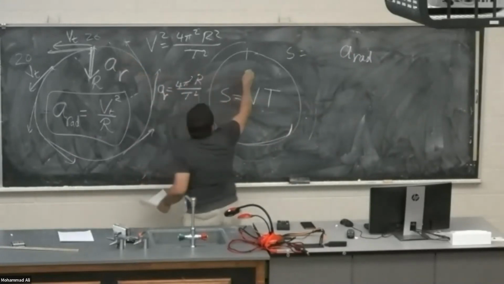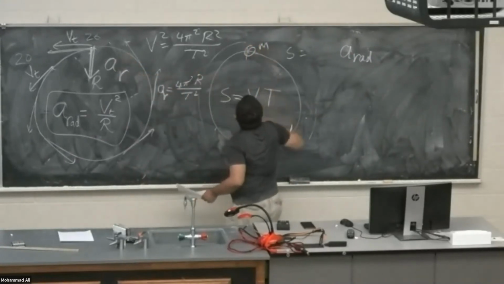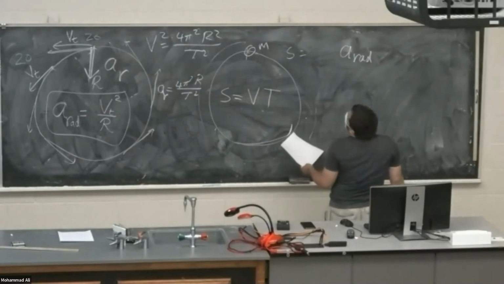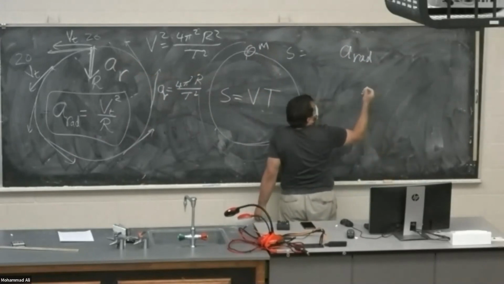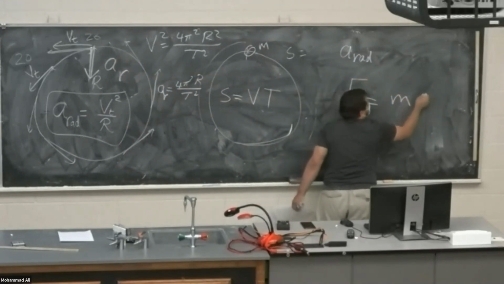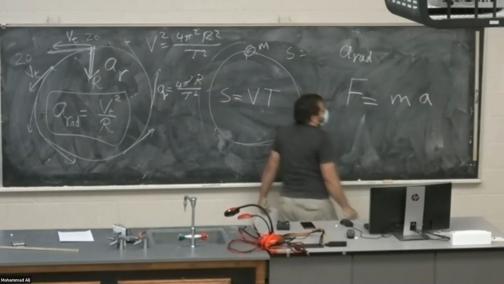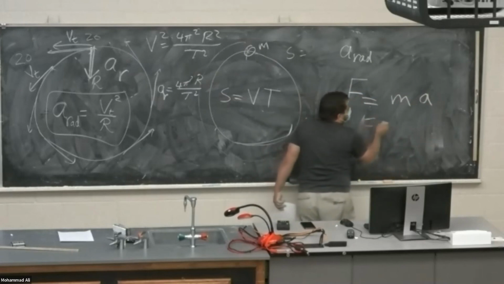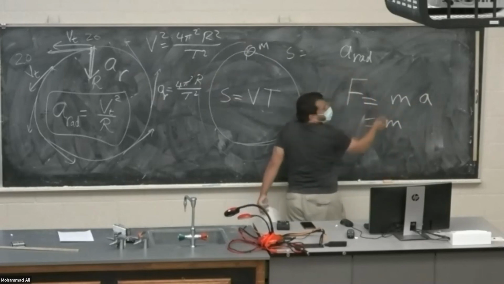If this object has a mass, Newton would tell us that there is a force. It is equal to M multiplied by A. A is given. Any object has a mass.